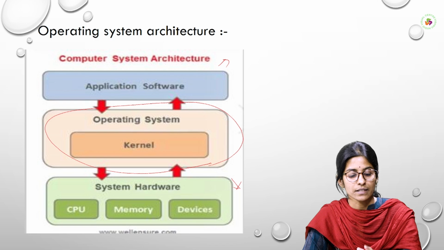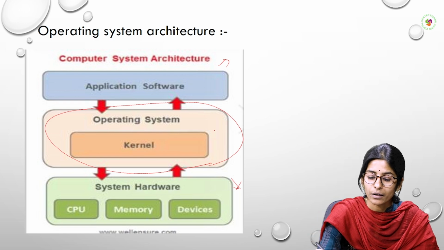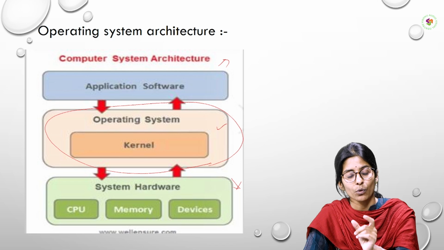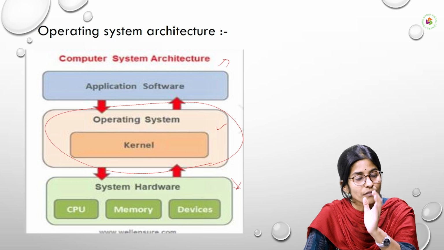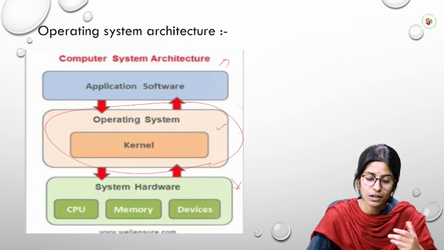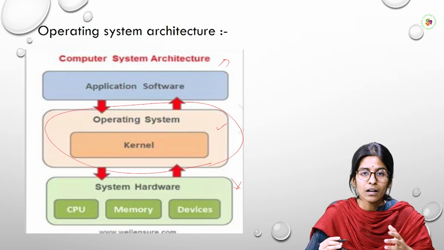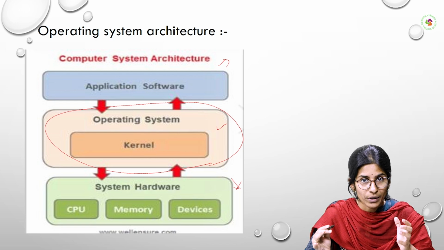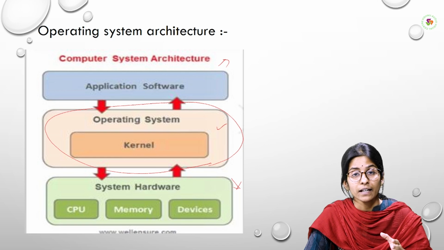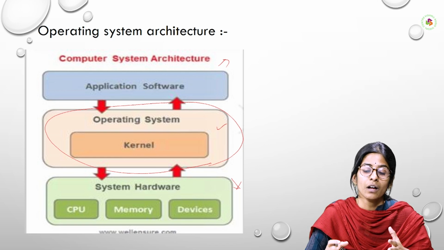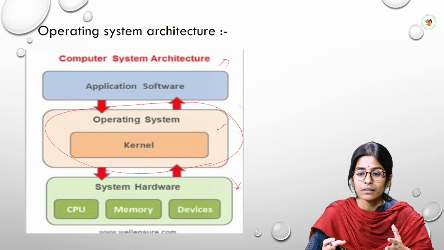In this operating system, we have the kernel part. Kernel is a system program. It's the heart of the operating system. Why do we call it the heart of the operating system? Because the kernel handles all the major tasks in the operating system. The kernel can control any device problems or any device affected by unauthorized access.